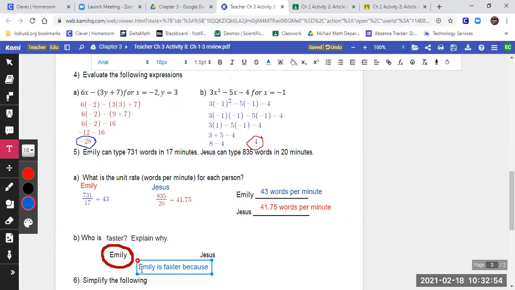This is typing words. That's why it says words per minute. And it doesn't have anything to do with more pages. Sort of. It's not just more pages, because she read 731 and she typed 731. He's typed 835. Why isn't he bigger? Use your information from part A. Use all the words and everything we put in part A in this answer.